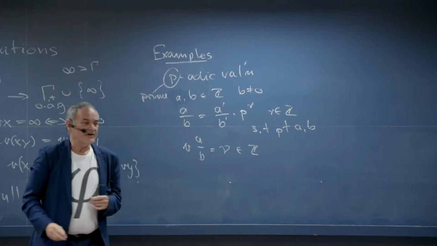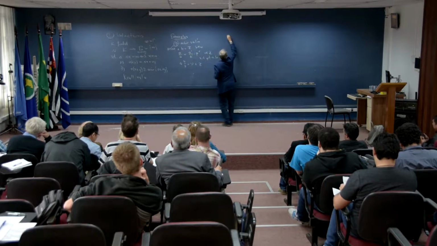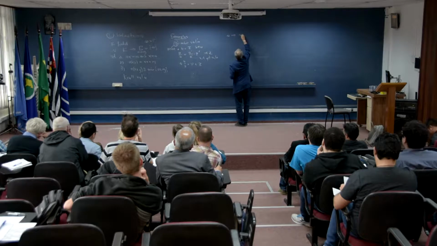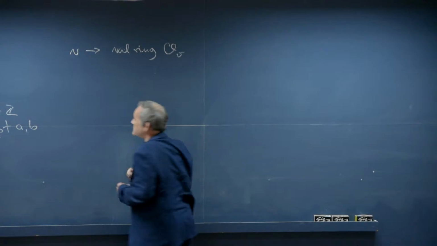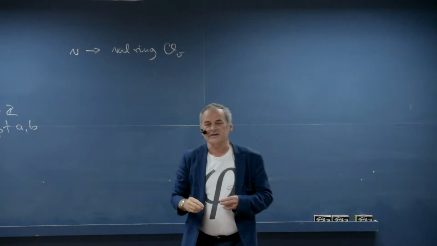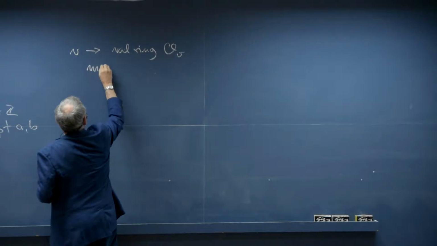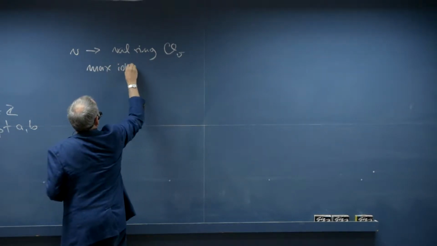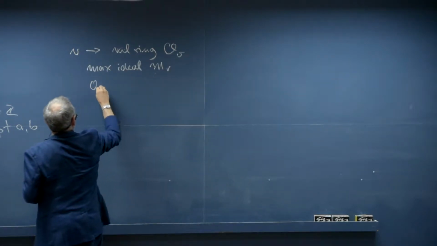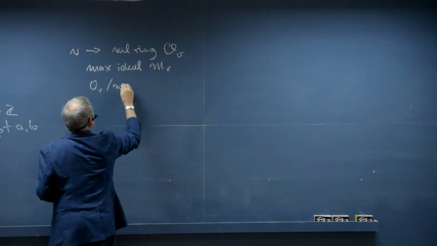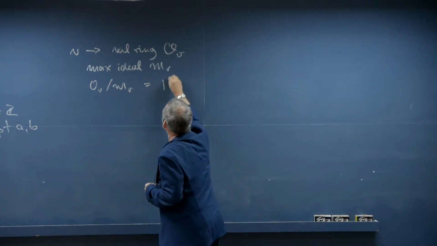And to every valuation, you have a valuation ring, O_v, that's the ring of all elements with non-negative value, with a unique maximal ideal M_v. So O_v modulo M_v is a field, which we call Kv.